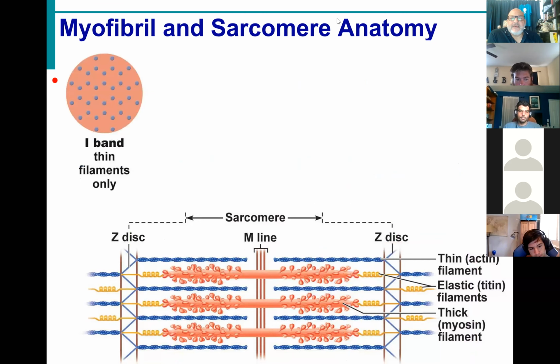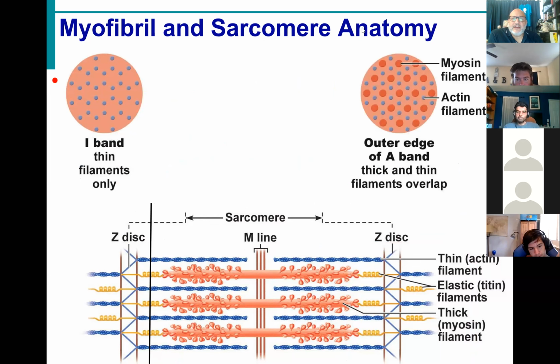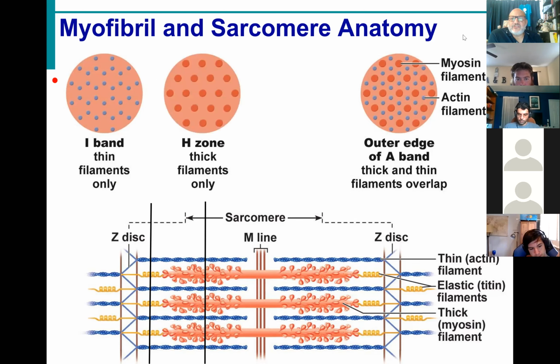Notice here, if we were to take a section through some place in the I band, all we would see is actin. Notice if I took a section through the A band, I would see myosin and actin together. If I took a section through the H zone or H band, I would just see myosin.